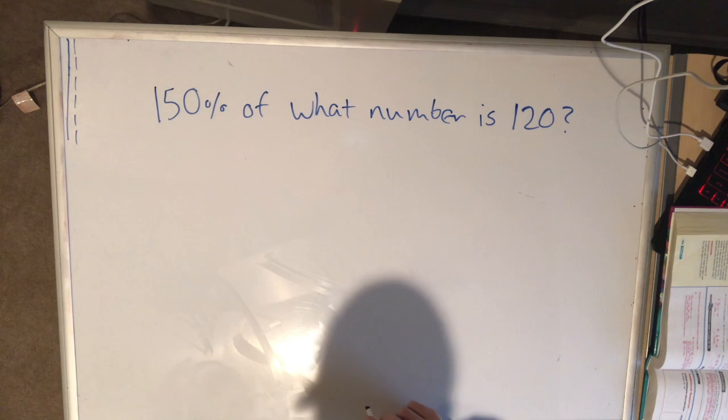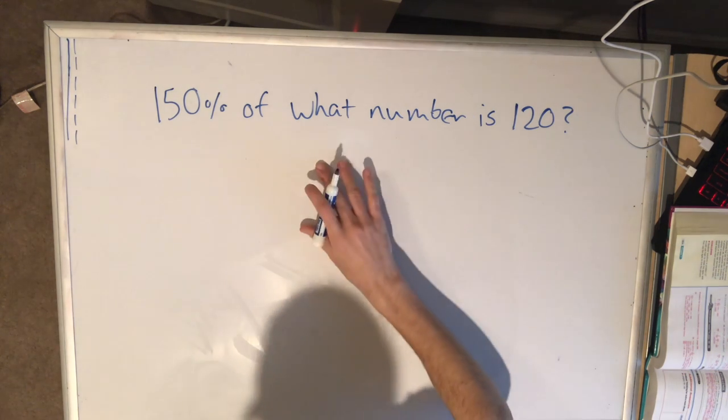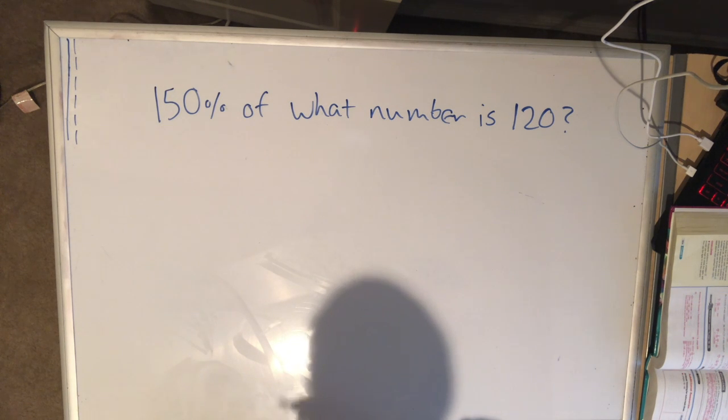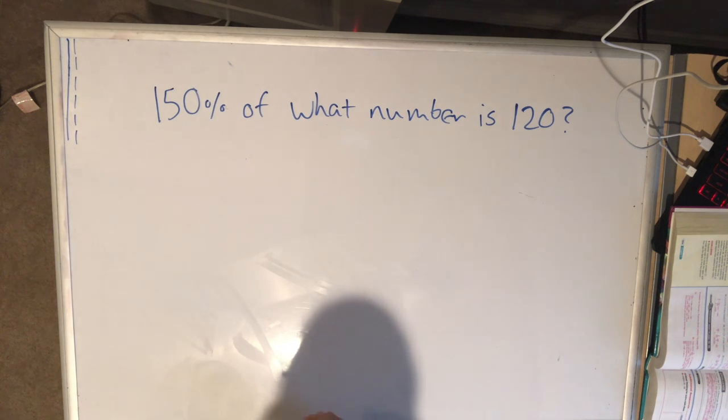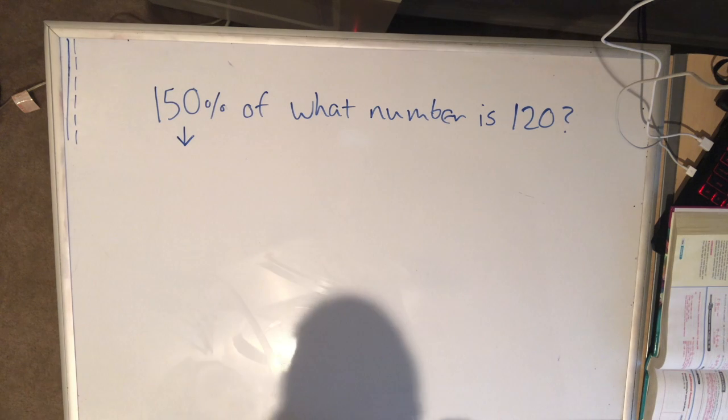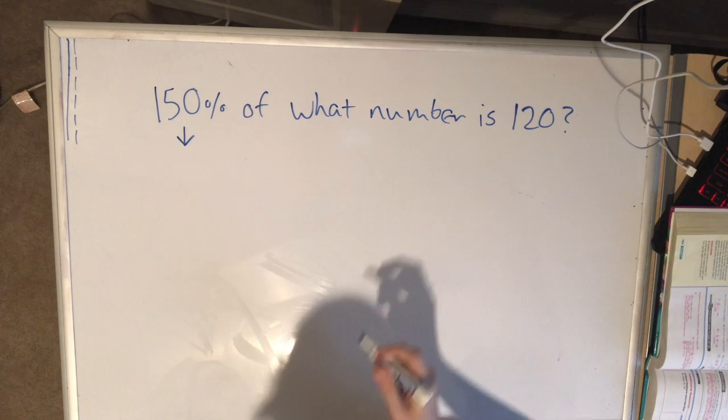So let's convert this into an algebraic equation. 150% is 1.50 or 1.5 because zeros at the end of decimal numbers do not affect the value. Or we can convert that into a fraction, 150 over 100, since percent tells you how many hundredths you have.